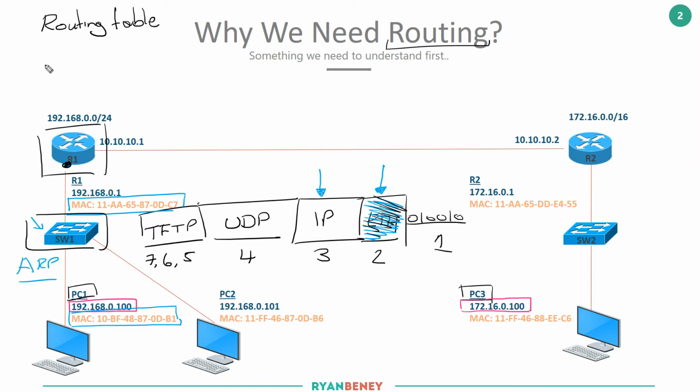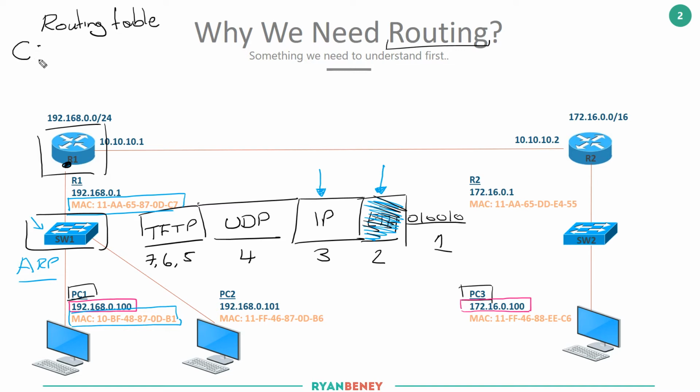What it has is a list of IP networks that router 1 knows how to reach. Along with that, it has the interface or IP address of the next hop it needs to send the data towards.